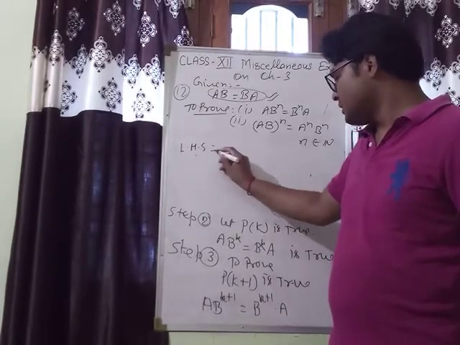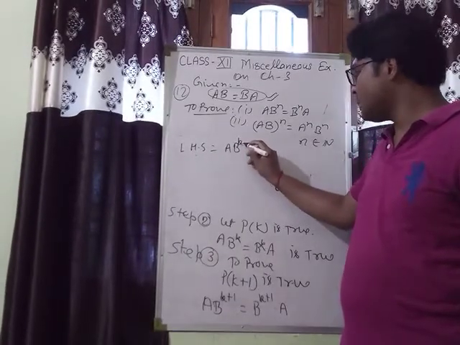Left hand side is AB to the power k plus 1.